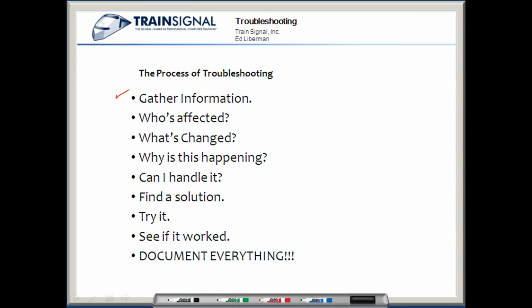So you want to begin gathering just general information about the problem. And you'll see that some of the other bullet points that we're about to go through here include some of this information gathering. But you just want to start gathering information. The more you can know about a situation, the better your chances are at solving that situation. You could almost think of it like a police detective.